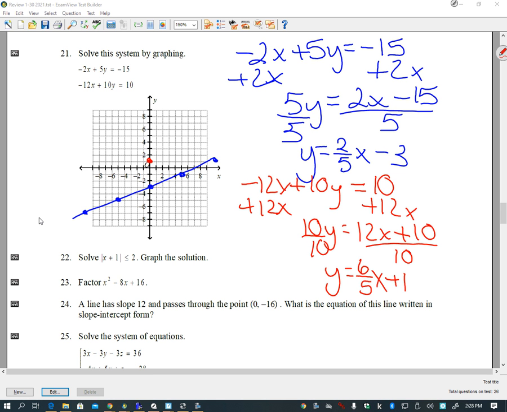Positive 6/5. So really what I want to do is go down 6, but I want to go back 5. Does that make sense? So down 6, over 5. That's my point of intersection.